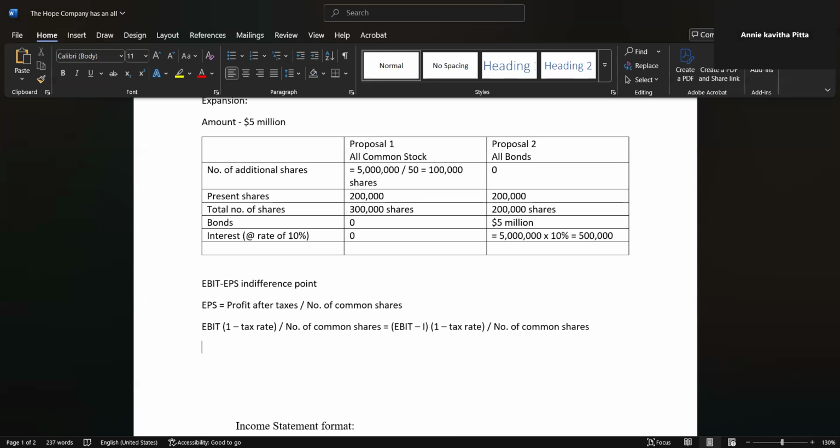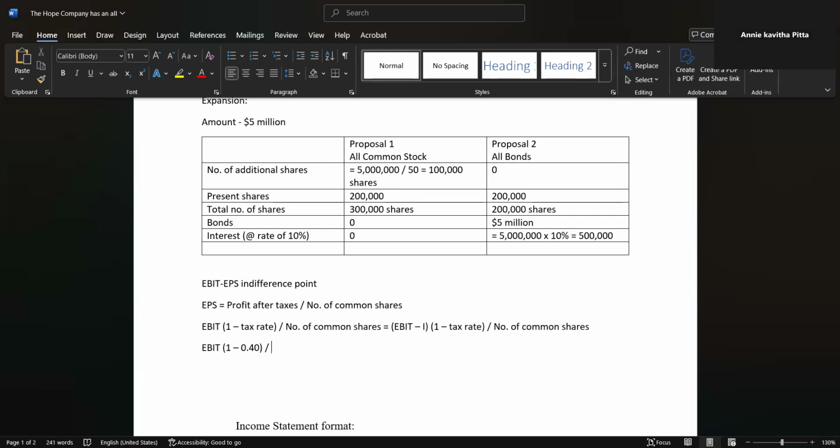What's the tax rate? 40%. 40% is 0.40. How many shares are there? Under proposal 1, the number of shares is 300,000. Under proposal 2, how many shares are there? 200,000. So let's substitute the data. We see EBIT into 1 minus 0.40, since 40% can be written as 0.40.